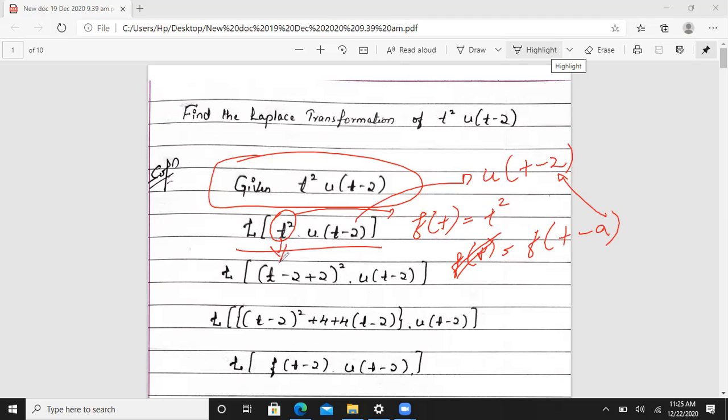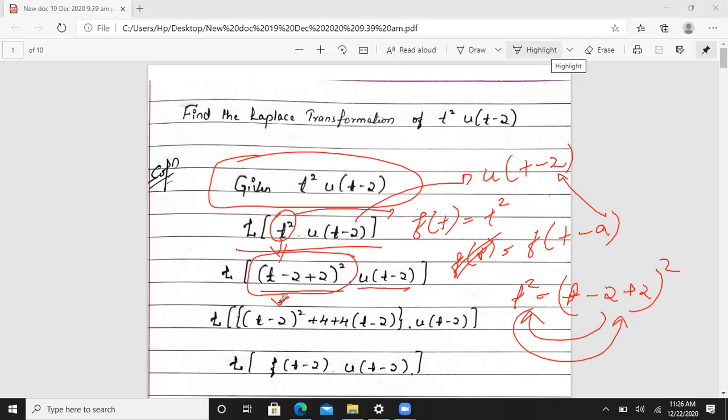So for t square, I write t minus 2 plus 2, whole square, into u of t minus 2 as it is. There is no change between the two. Expanding again, this is t minus 2 whole square plus 4 into t minus 2, and when we simplify, we get the same thing. The u of t minus 2 remains as it is, and this whole function we take as f of t minus 2.